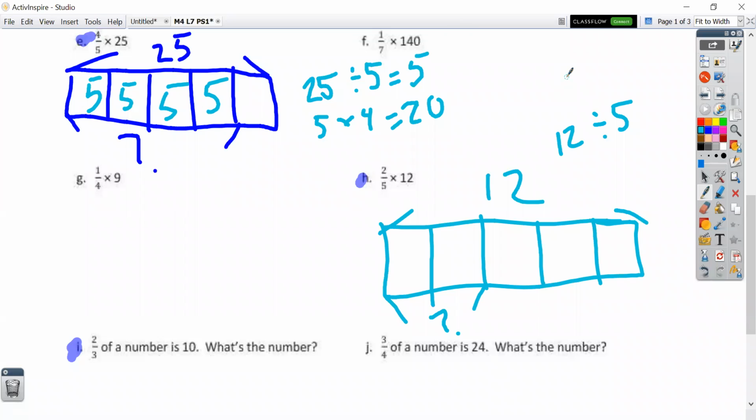Actually, after practicing all those, I didn't know if we were going to get to one of these. This is perfect. So you might have gotten stuck here because it wasn't even or whole numbers like the other ones. So when we do 12 divided by 5, I know that multiples of 5 end in 5 or 0.